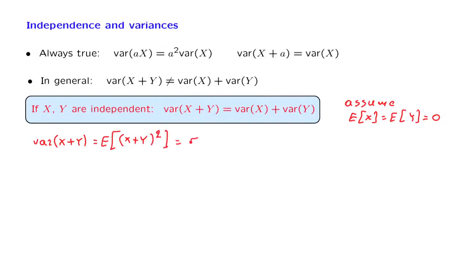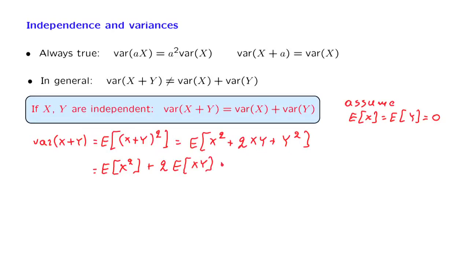And we can expand the quadratic and write this as expectation of x squared plus 2xy plus y squared. Then we use linearity of expectations to write this as expected value of x squared plus twice the expected value of x times y, and then plus the expected value of y squared.